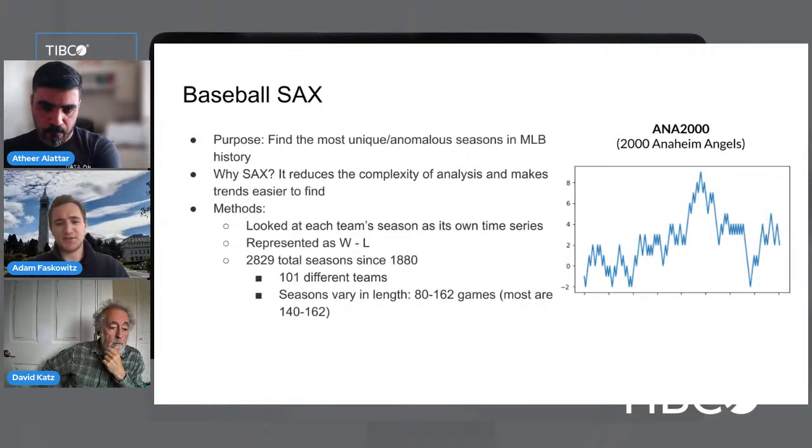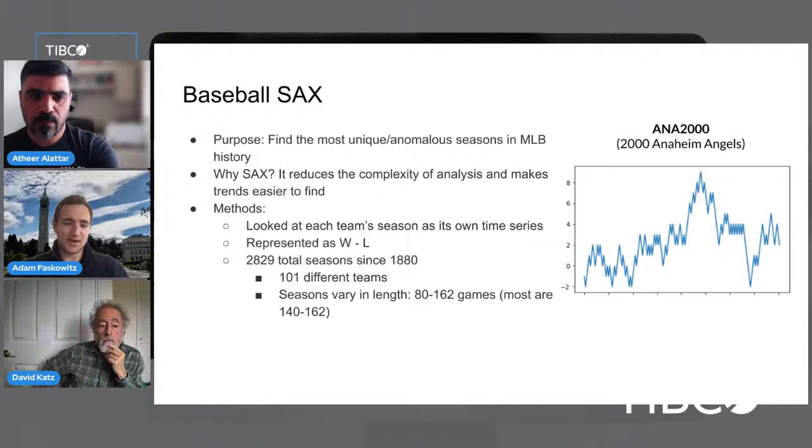This time series is represented by the number of wins minus the number of losses at any given point during the season. If you look at the start here, they started at even, then they lost a game, maybe won a couple, down, up, down. You get these spiky increases and decreases, but there's an overall trend here. This is just one example, but we have around 3,000.